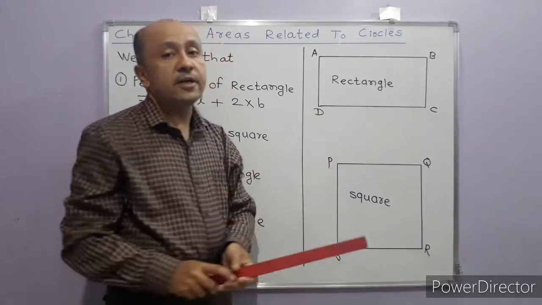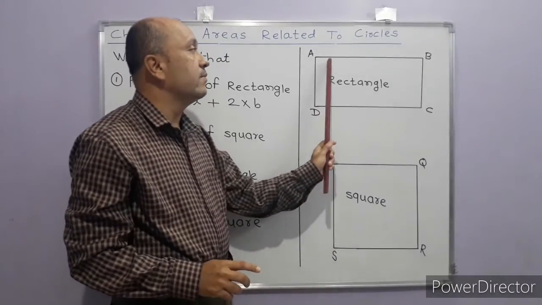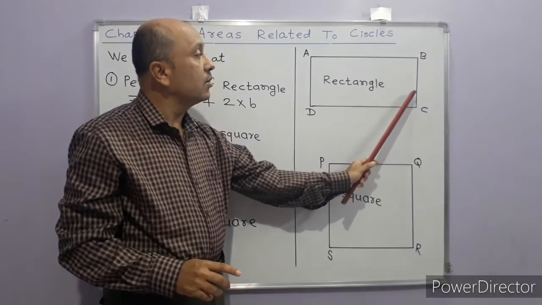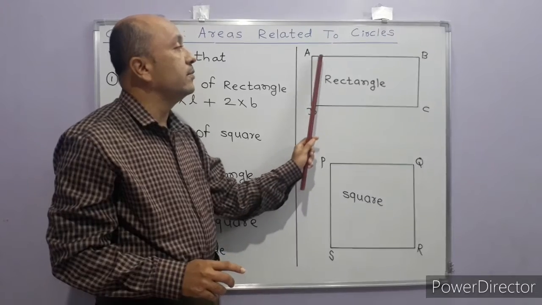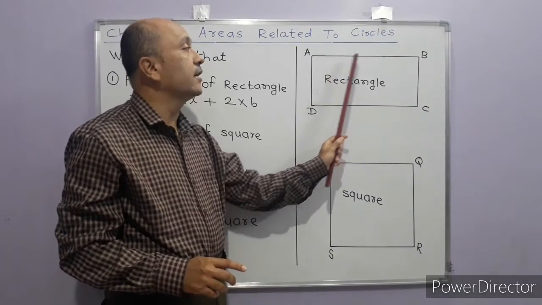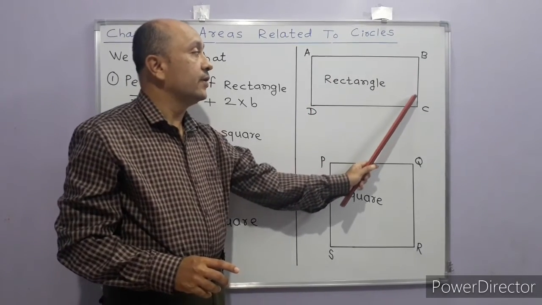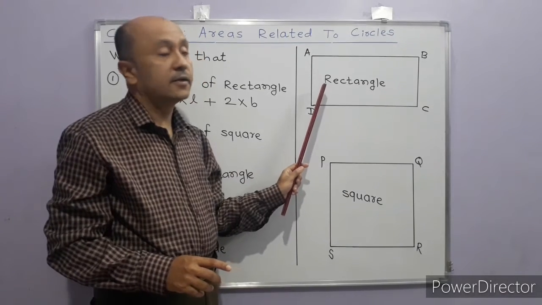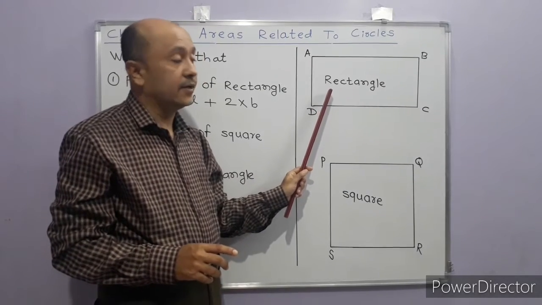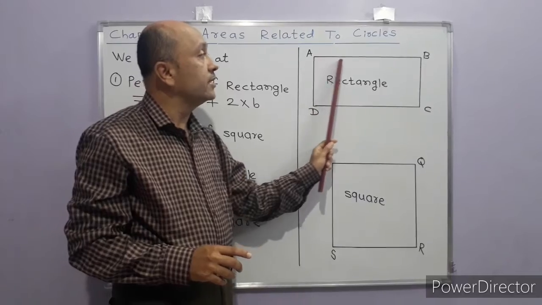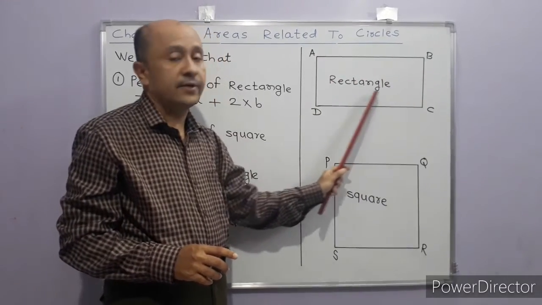If you make such blocks, then how many blocks of 1 centimeter by 1 centimeter, or 1 meter by 1 meter, can we fit in that figure? That is nothing but the area of that figure. Area means to measure the space inside the figure.